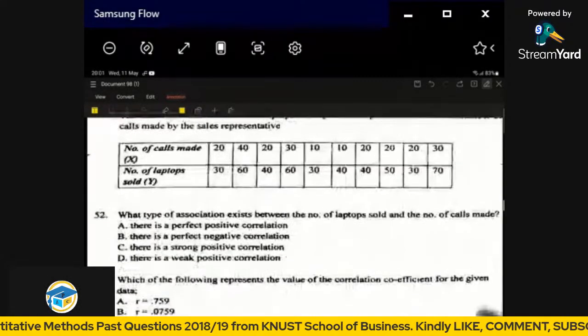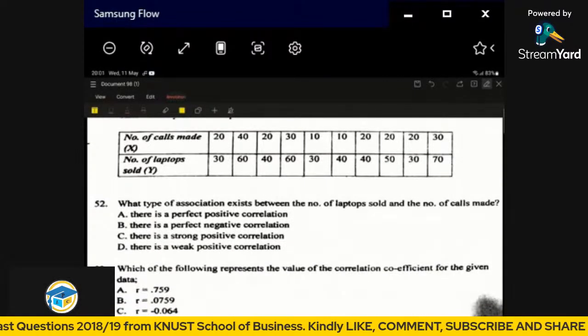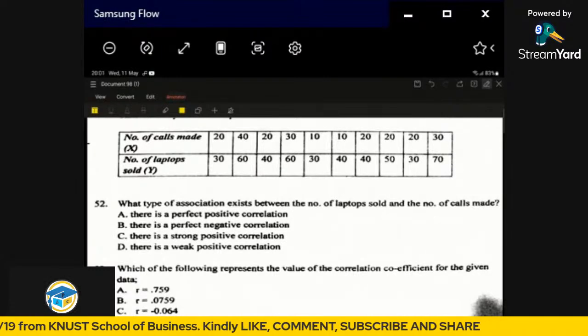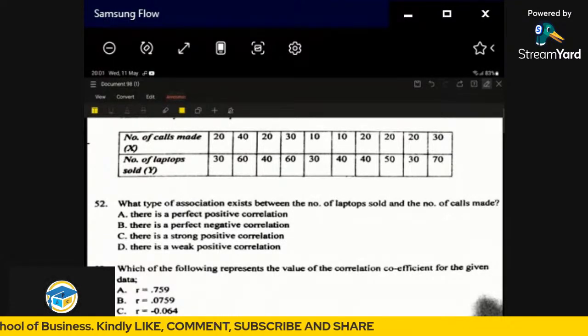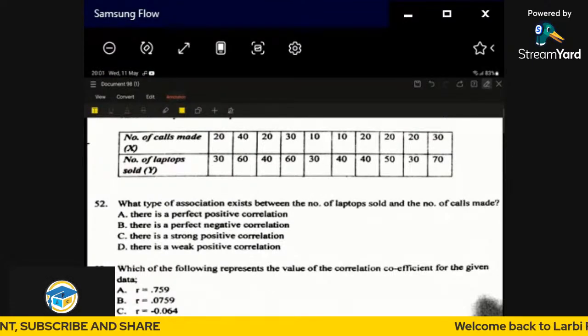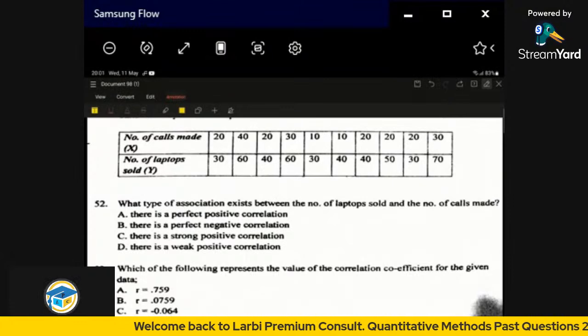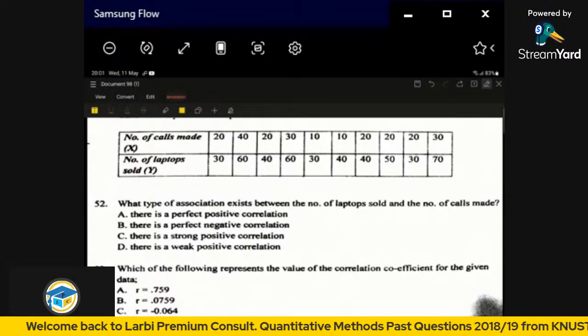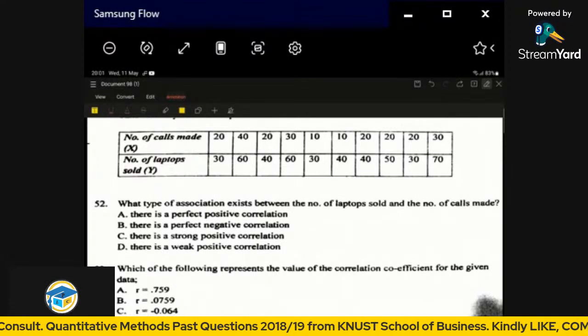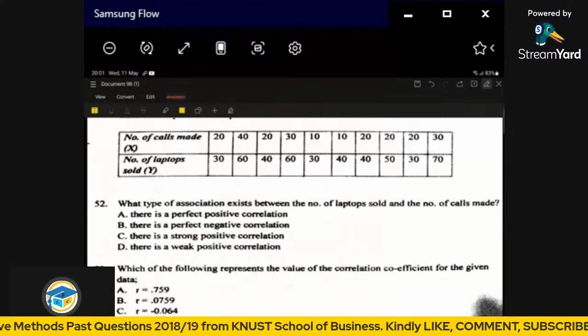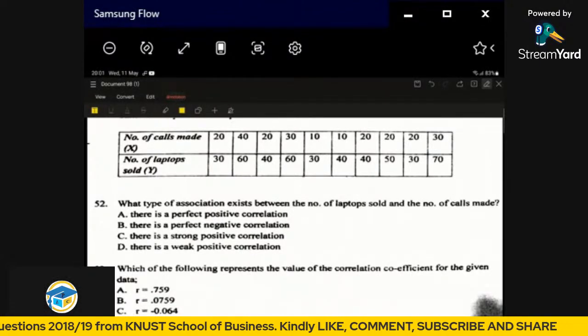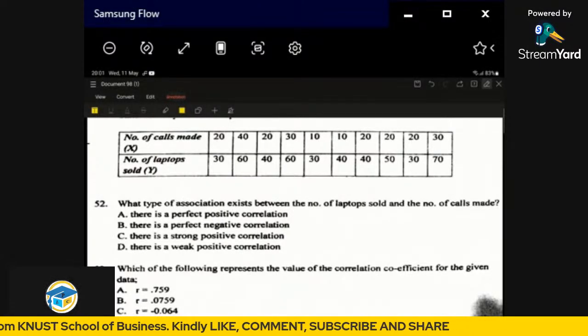So question 52 is asking what type of association, you're talking about correlation, exists between the number of laptops sold and the number of calls made. You cannot answer this question straight away unless you have information to back your answer. By doing that, you should be able to calculate your correlation coefficient.